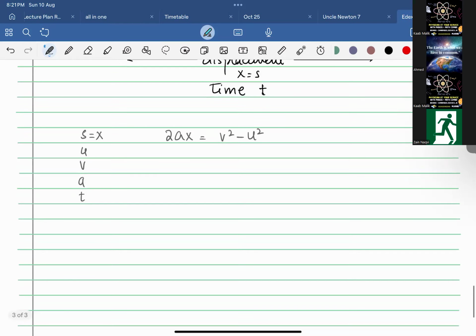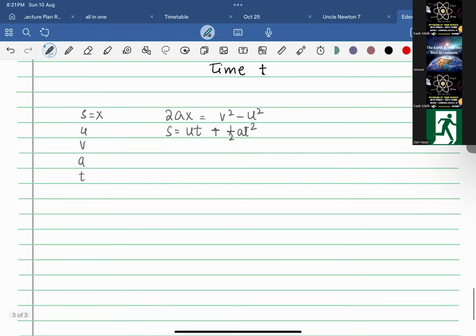The other equation could be S equals ut plus half at squared. The third one would be S equals vt minus half at squared.